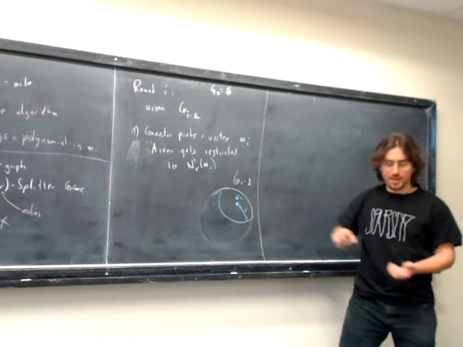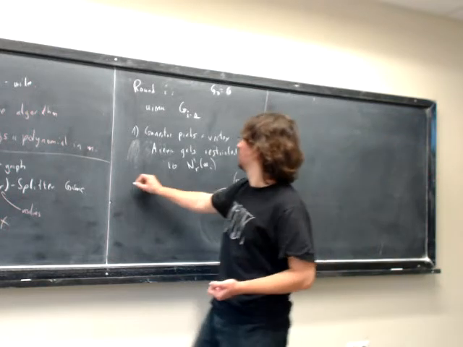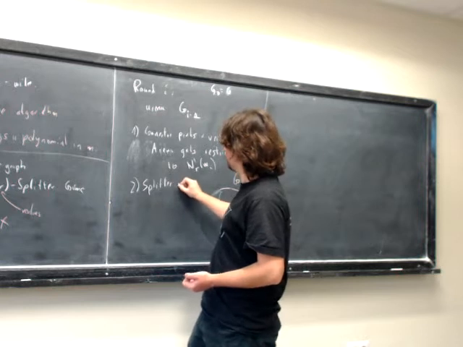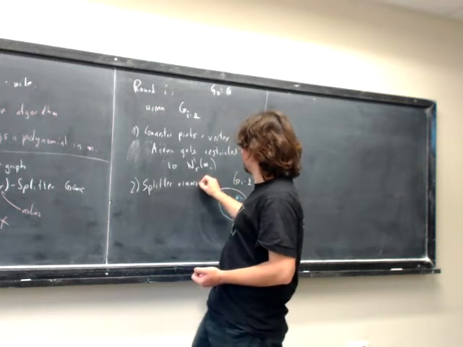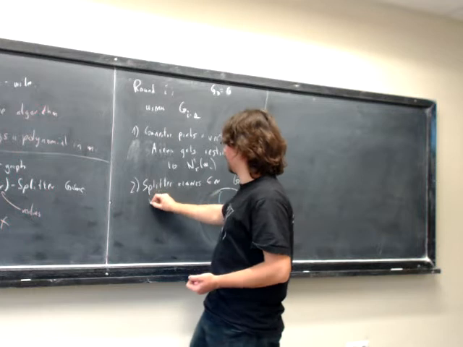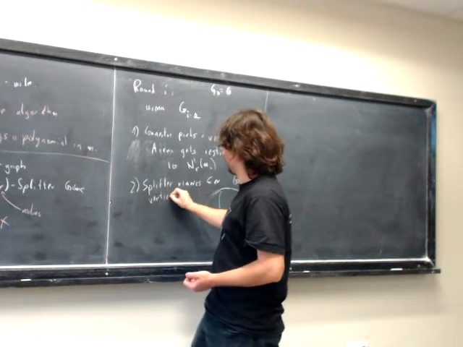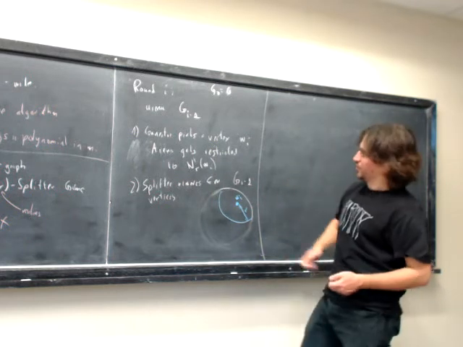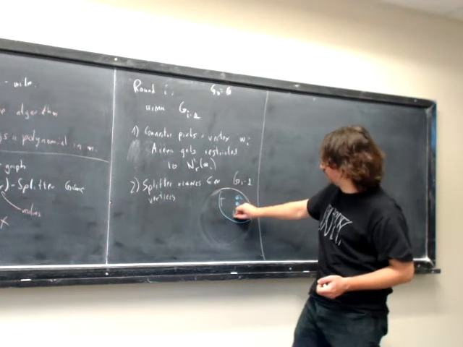And then the second phase is that the splitter removes at most M vertices. So what the splitter can do, she can remove this vertex, this vertex, this vertex.